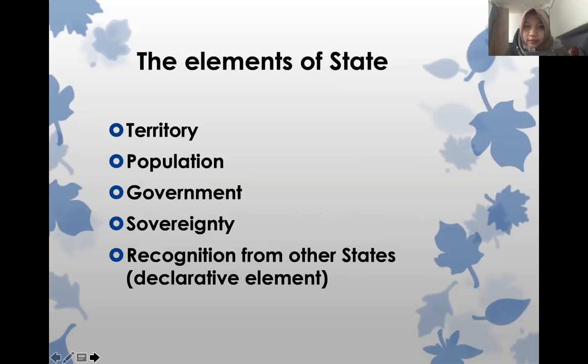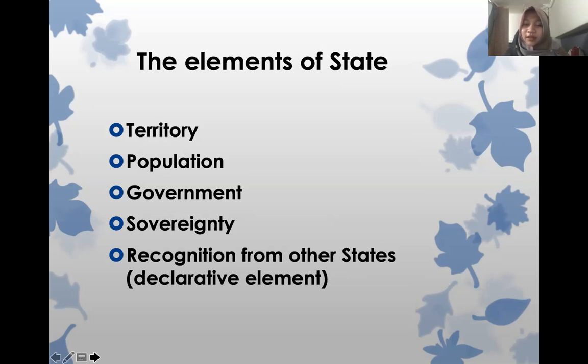And then the elements of the state. There are five elements of the state. If you still remember from high school or maybe elementary school, if a country or territory wants to be a state, it must have territory, population, government, sovereignty, and also recognition from other states.